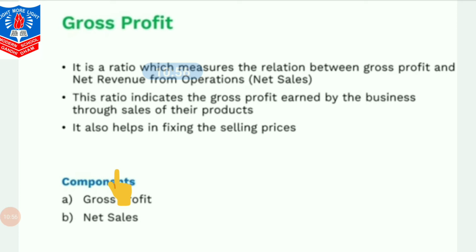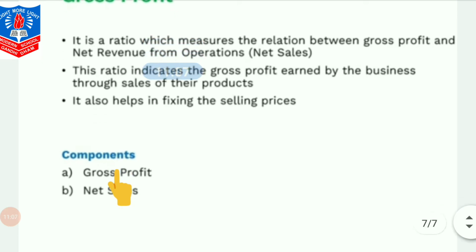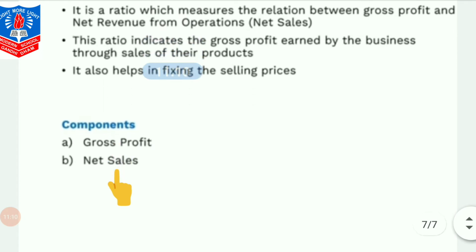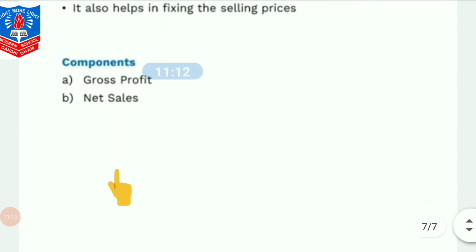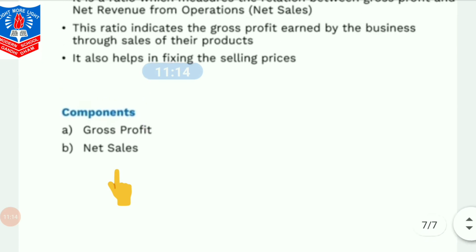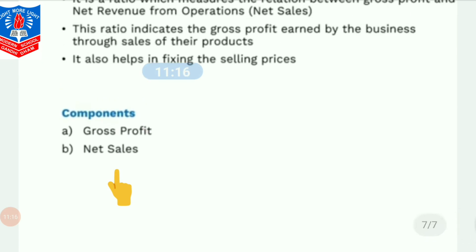Through this ratio, it indicates the GP earned by the business through sale of its product. Many times a businessman uses it for fixing the selling price. There are only 2 components, GP and net sales. The formula is simple: GP upon net sales into 100, and it is found in percentage.